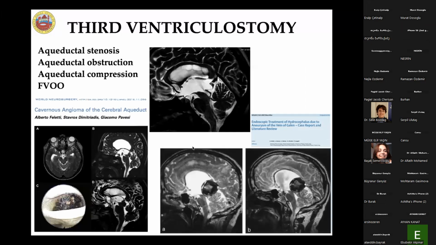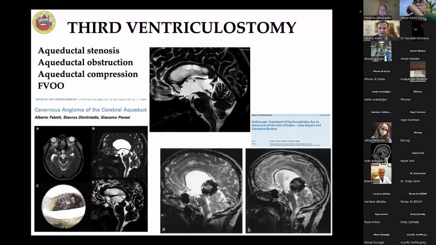Of course, third ventriculostomy has many indications. The commonest is obstruction of the cerebral aqueduct, like in this case, where the patient had a cavernoma occluding the cerebral aqueduct.